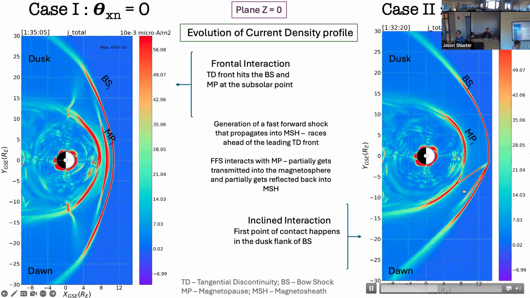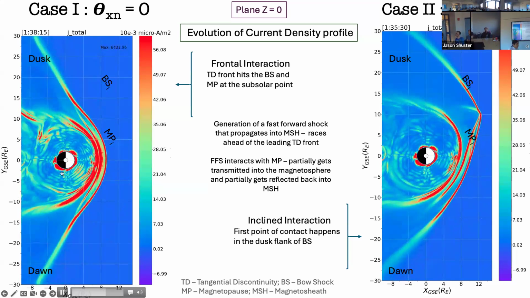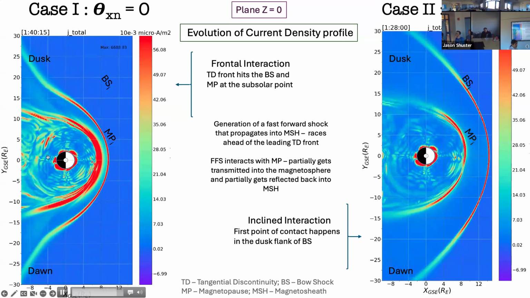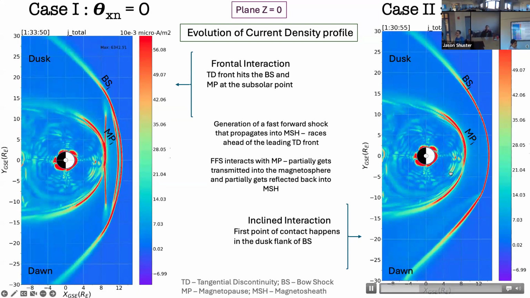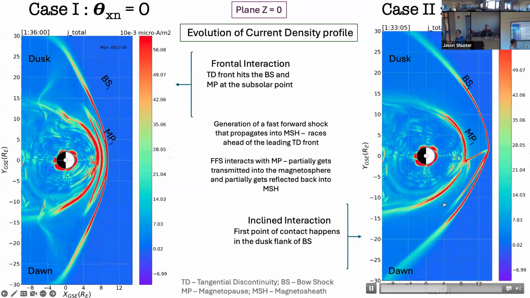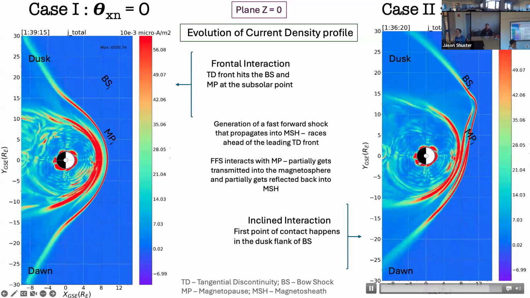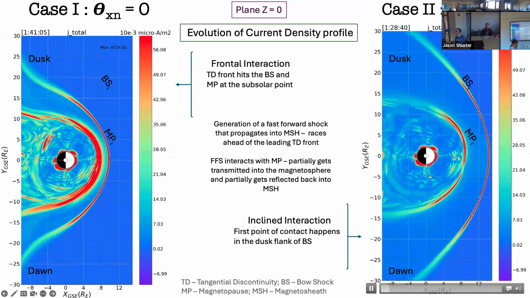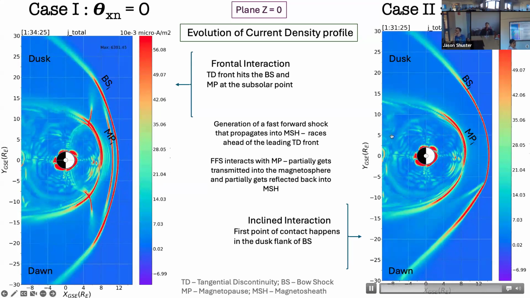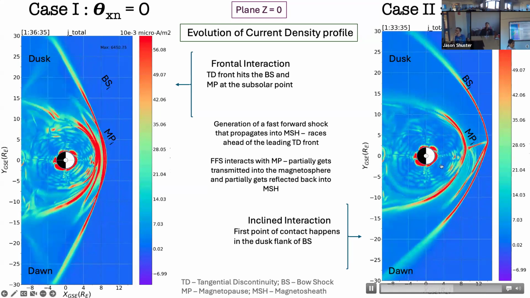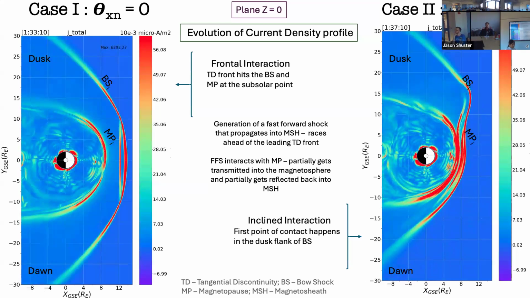There's a fast forward shock, and we see the transmitted wave in the magnetosphere was very clear in the frontal case because it moves tailward. But in this case, it moves more anti-sunward and duskward, not just tailward. So it's not very clear in this case, but we'll talk about this later. And then we also see the reflected wave. There's another interesting phenomenon happening in the dusk region, but we'll wait for the next step to talk about this.